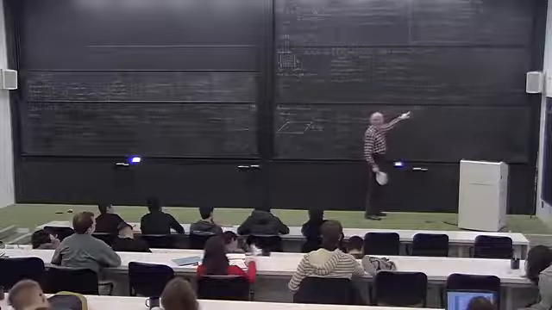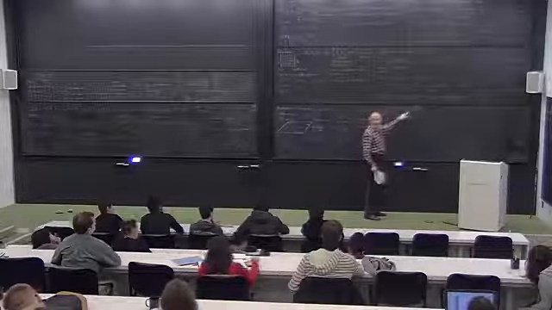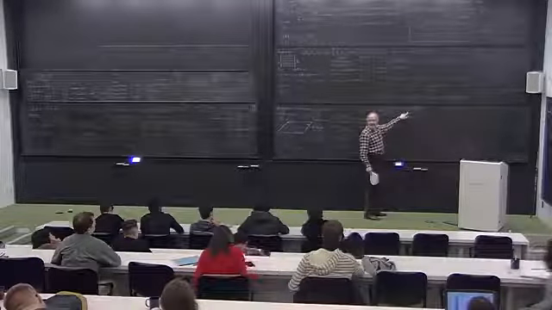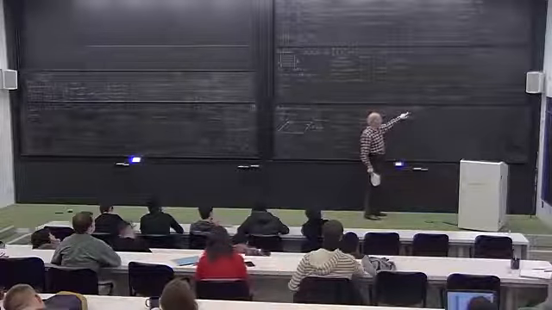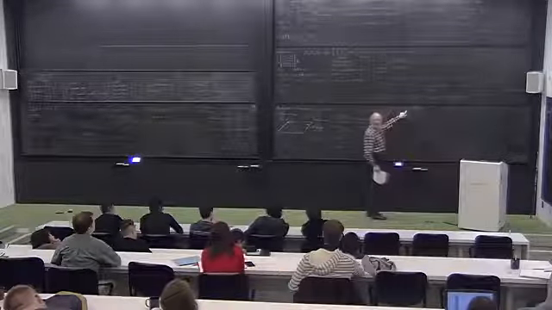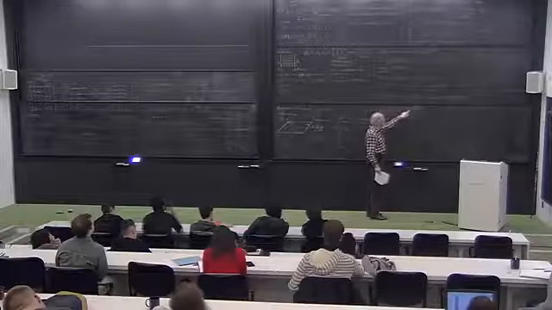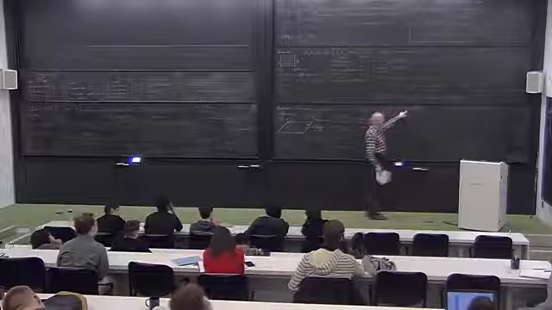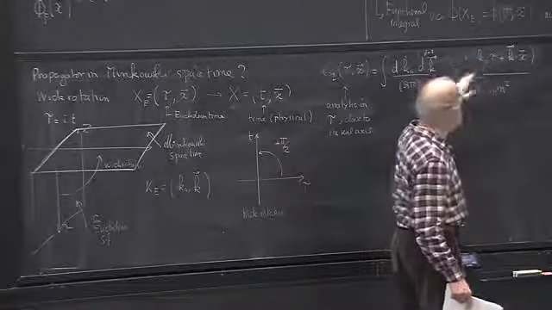But then this phase gets a real part, so I get minus k naught t, and if k naught is positive and t is positive, this is growing.